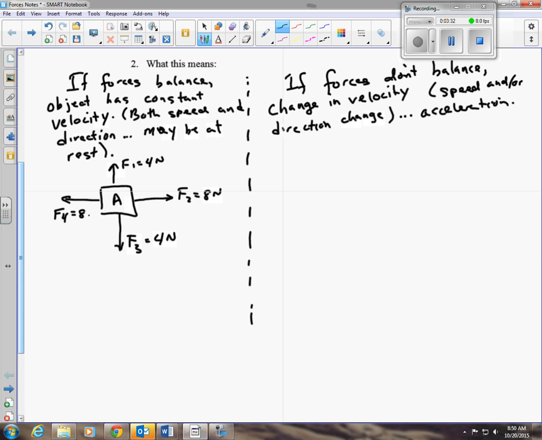Four is 8 newtons. Now, the forces are all balancing, so the object must be at constant speed or constant velocity, since the force is balanced.